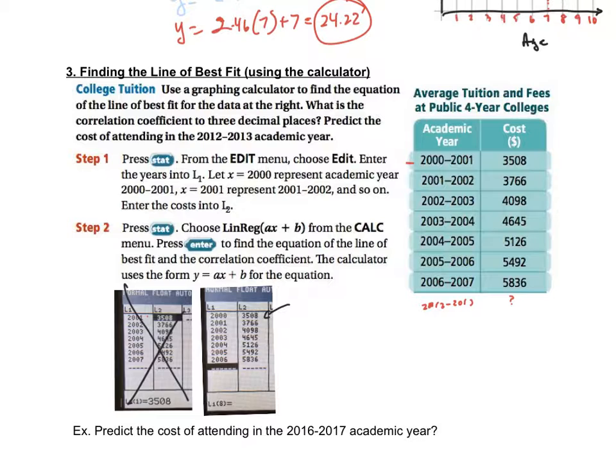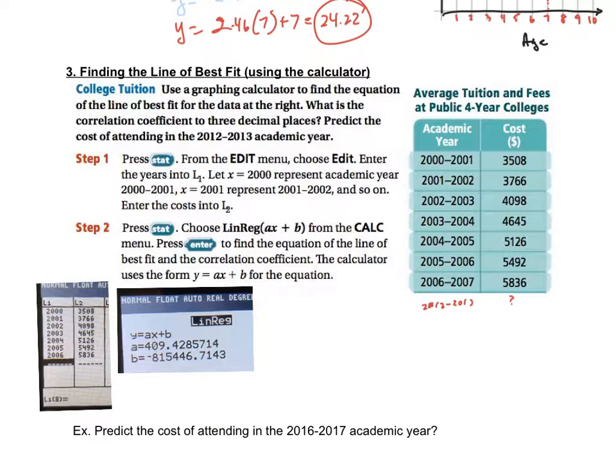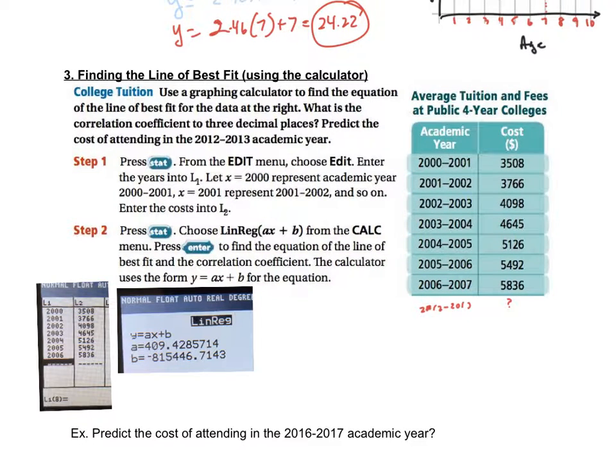Okay, I see it, AX plus B. It looks like it's option number 4. And select enter, and then you're going to go down and select calculate. And it's going to give you your equation off the bat. So as I input the information in and follow these directions right here, I'm given this form right here, which is going to be my slope-intercept form.